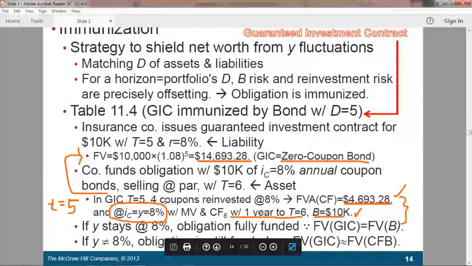And the future value of all those cash flows, if it is reinvested at 8%, will be 4,693. You can simply calculate it. Let me show you. It's just annuities, right?